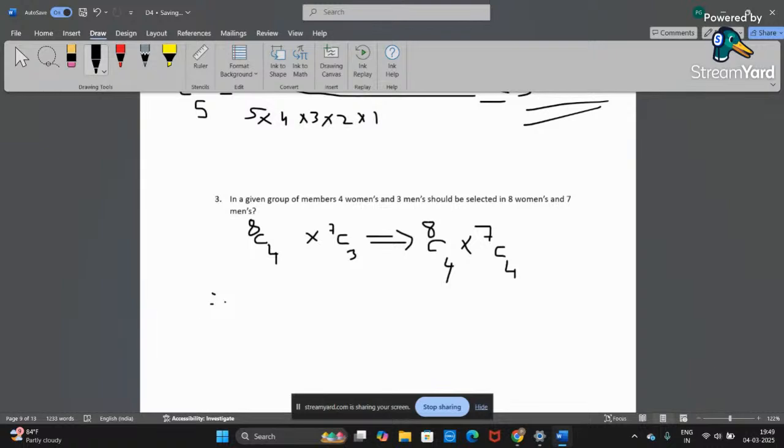Solve this first: 8 into 7 into 6 into 5. Why are we writing only 4? Because here it is 4. We have to write next 4 numbers. Then divide this by 4 into 3 into 2 into 1. Again, solve it for 7C4. We are writing only the next 4 numbers because here it is 4.